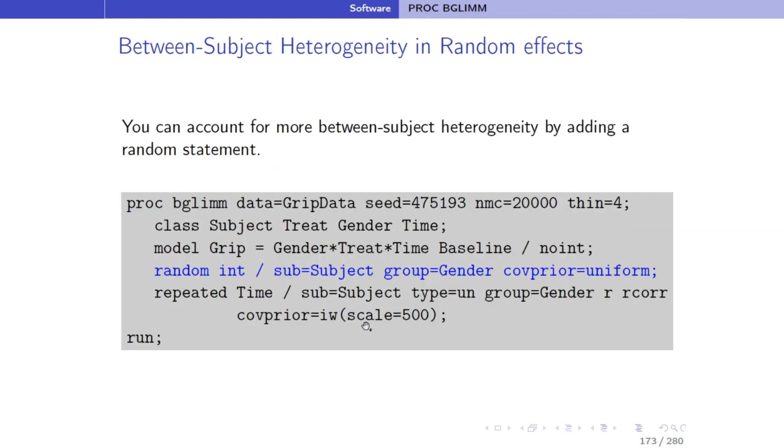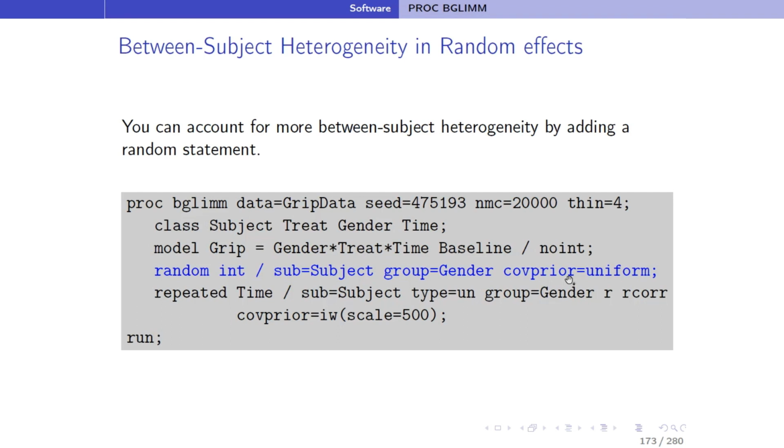Of course, you can then add more between-subject heterogeneity by adding a random statement that has a random intercept by subject and a group by gender with a uniform covariance matrix and so on, which I won't go through in detail.